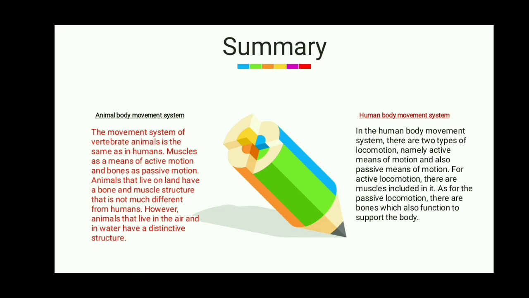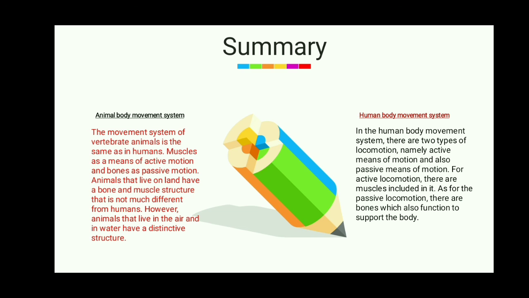The movement system of vertebrate animals is the same as in humans. Muscle is a means of active motion and bones are passive motion. Animals that live on land have a bone and muscle structure that is not much different from humans. However, animals that live in the air and in water have a distinctive structure.